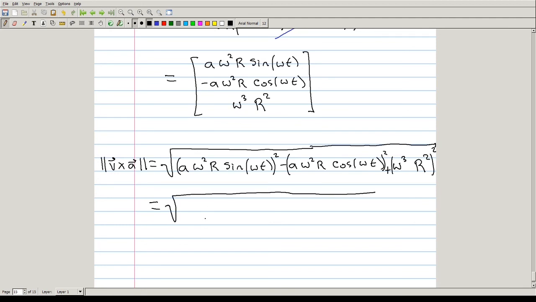Which simplifies to, we get sine squared plus cosine squared here.